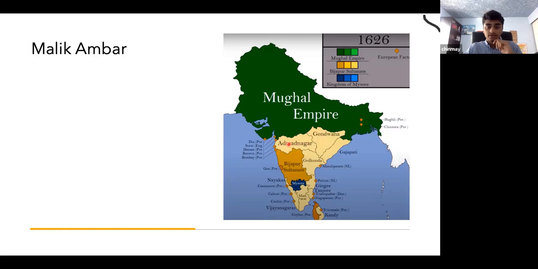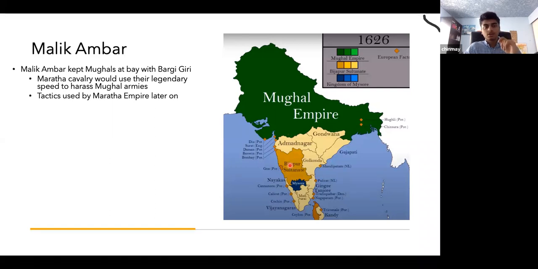So Malik Ambar started defending Ahmednagar against the Mughal empire. He pushed the Mughals back, and now he was walking on an incredibly political tightrope. Not only was he an African who would not be readily accepted into Indian politics, but he also had to balance two very powerful entities above him and below him.